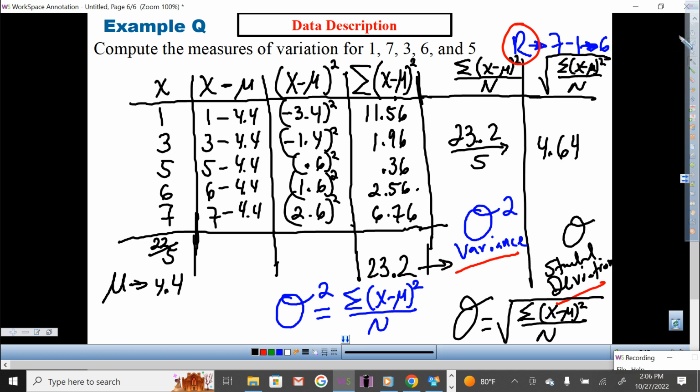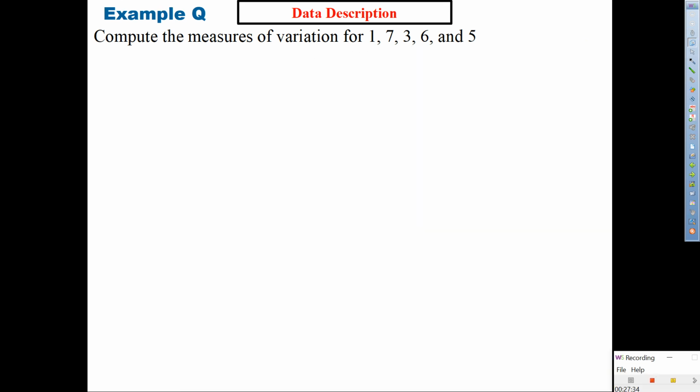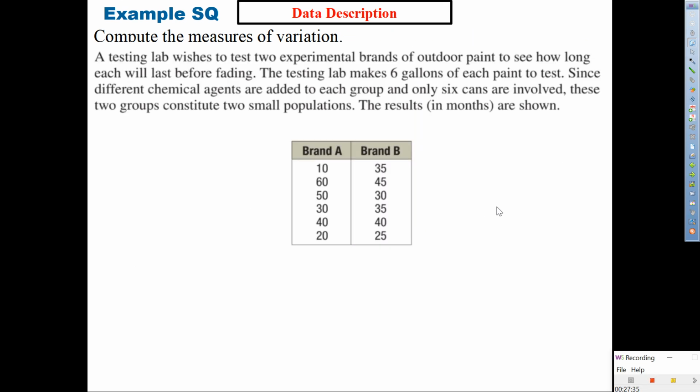All right. So with your neighbor or your teammate, here it goes. Ready? Copy this one. Example, supercube. Just copy the table. Tell your neighbor which one you're going to do, brand A or brand B. Paper, rock, scissors, or just choose something.